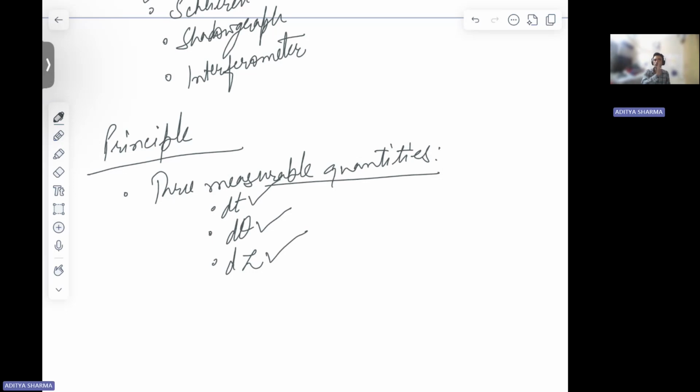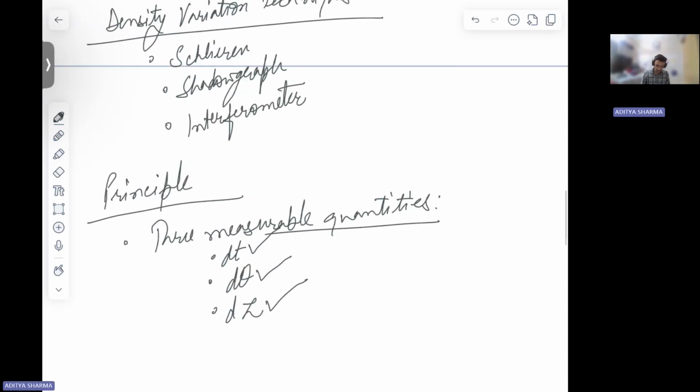So in case there was no density variation, where was the ray? And in case there is density variation, now where is the light ray? Okay, so what is the displacement? Based on this, density variations are mapped, right? Your interferometer works on this.